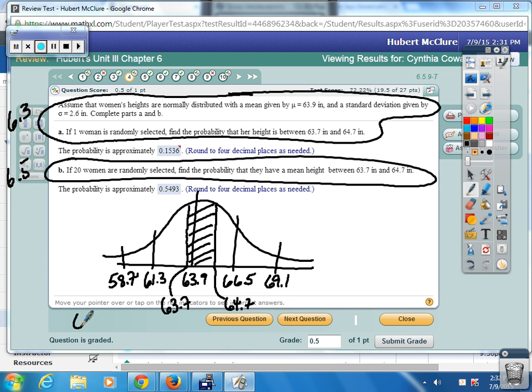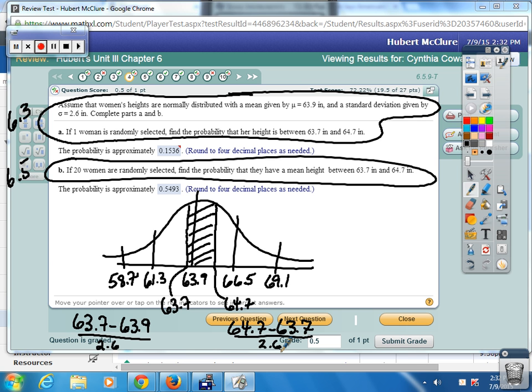So 63.7 minus 63.9 over 2.6, and then 64.7 minus 63.9 over 2.6. All right, somebody give me those two numbers. You don't have to tell me which one's which, because one's going to be negative, the other one's going to be positive.